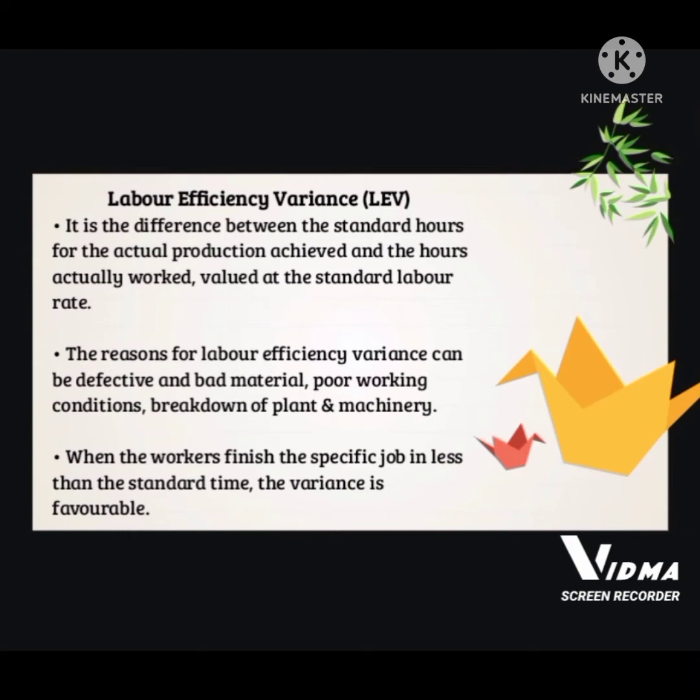When the workers finish the specific job in less than the standard time, the variance is favorable. The efficiency variance formula is standard hours for actual output minus actual hours into standard rate.